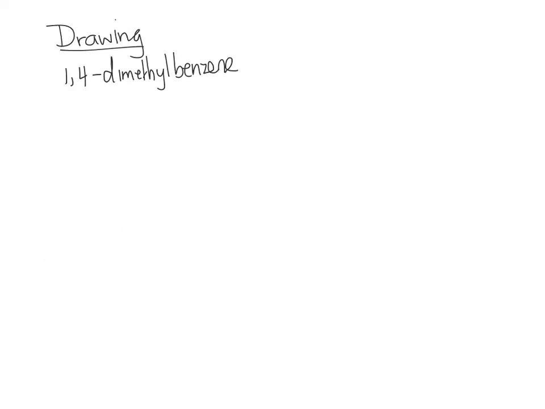Follow the same rules for naming as we've been doing before. We know that it's benzene, so that's the root. So we're going to draw a benzene structure. And then we've got side groups. We've got a dimethyl, meaning 2 separate methyl groups.